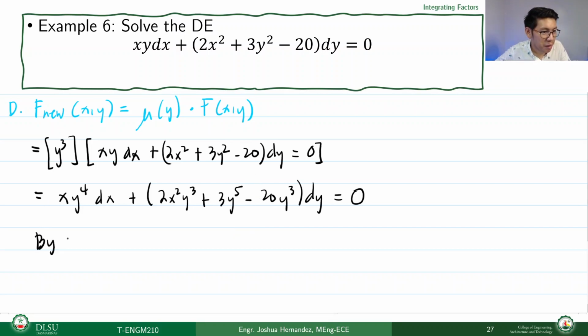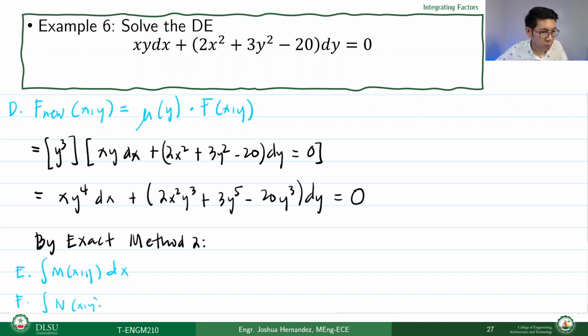By exact method 2, we're gonna do the integral of M xy, of course, yun yung new, dx, and then the integral of N xy dy. So, rekta na natin.